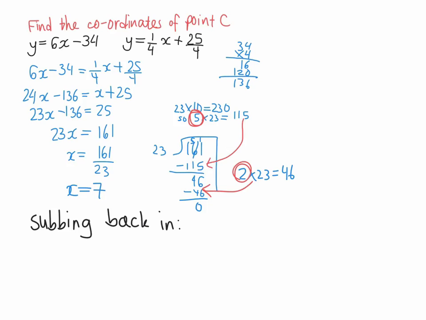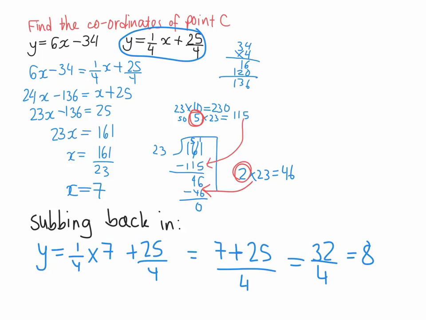Now we substitute x equals 7 back into one of our equations. I'll choose the second one here. y equals 1/4 times 7 plus 25 over 4. This gives us the answer y equals 8.